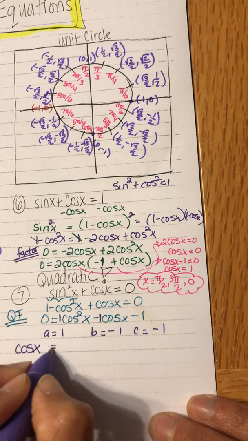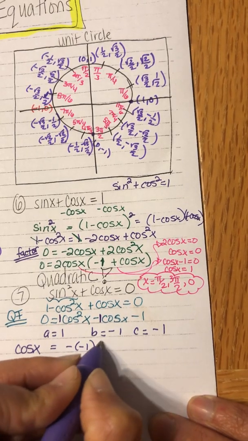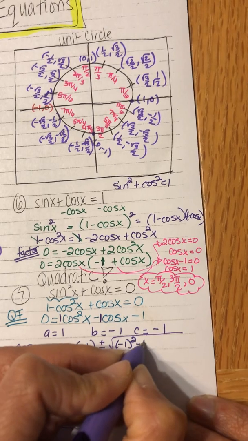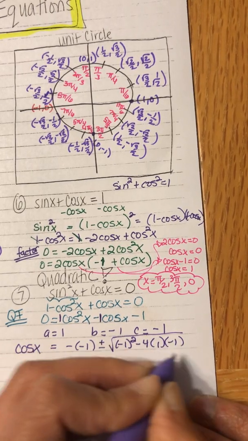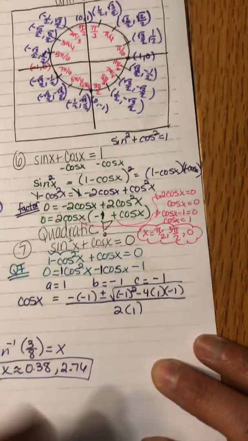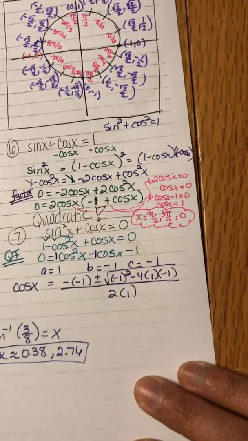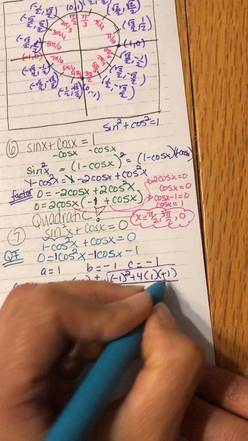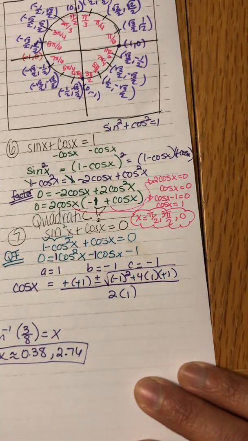So cosine of x equals negative b plus or minus the square root of b squared minus 4ac all over 2a. Okay, so double negative. I have another double negative, and there we go.